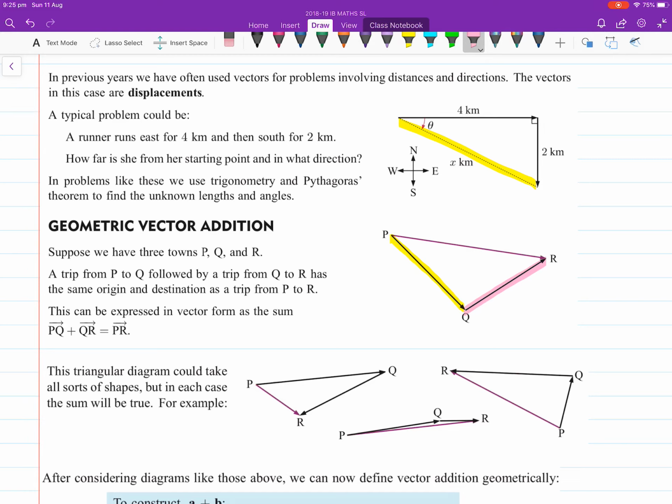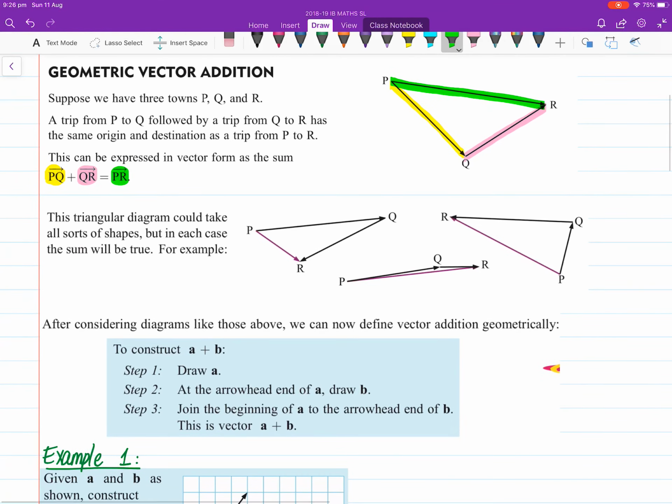The pink and the yellow, if I add them together, actually give me the one that I've highlighted in green there. So here we've got vector PQ plus vector QR is equal to vector PR. Okay, so if we know the vector quantities, we can add them, and you would find what that vector is there.